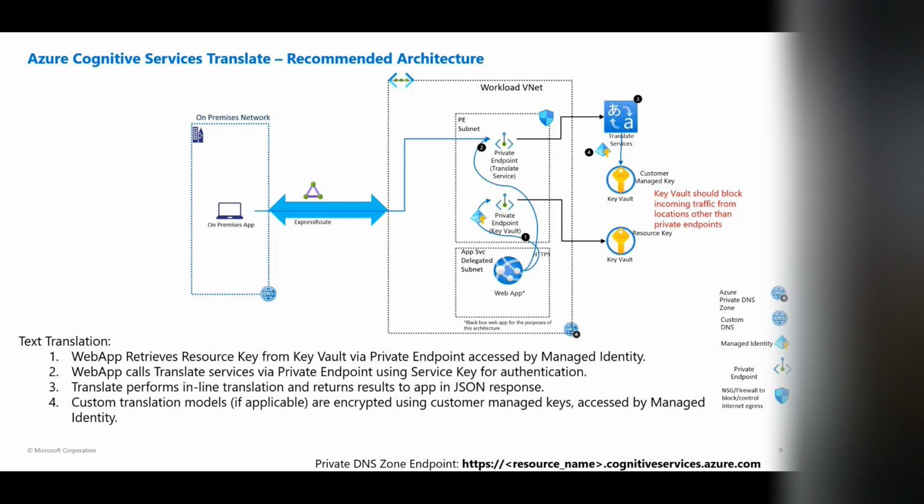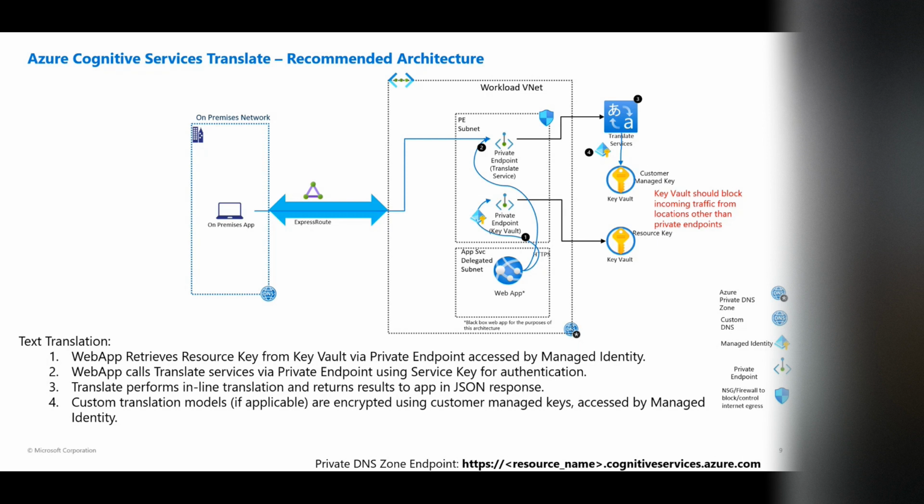There's a second key vault there as well, which is connected to, you see the arrow going from the translate service to that key vault. This is the key vault where you will be storing the encryption key if you are using custom models.